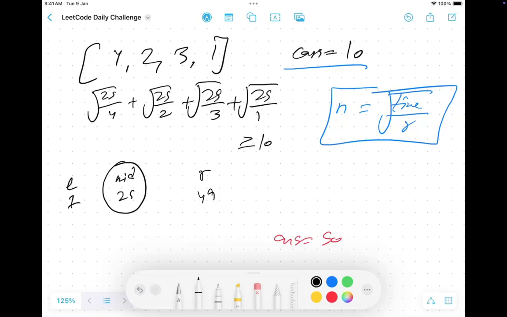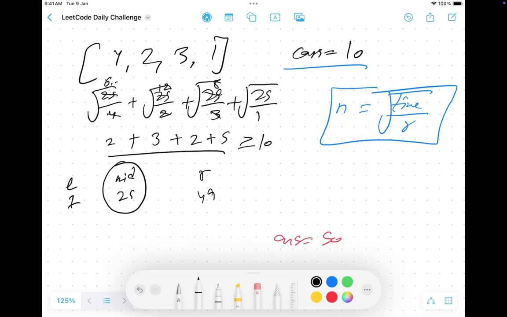25 by 4 under root is 2 point something, and 12 under root is 3 point something, and 8 under root is 2, then 5, which is still more than 10.